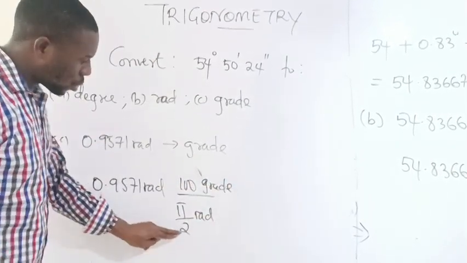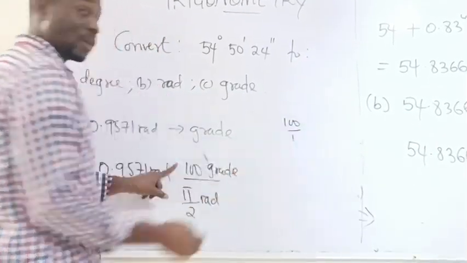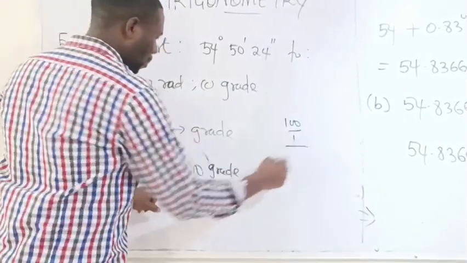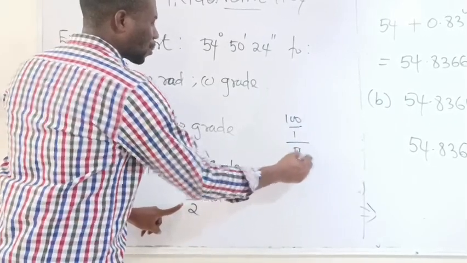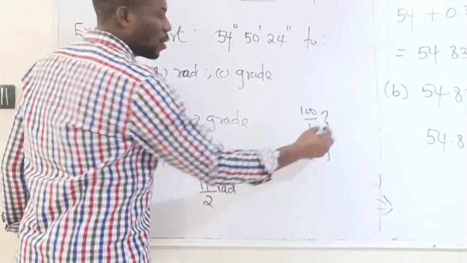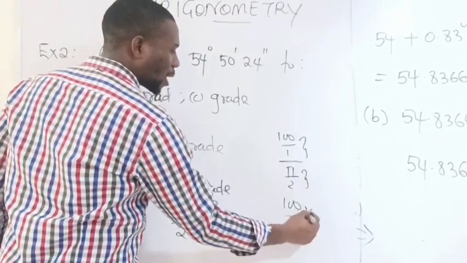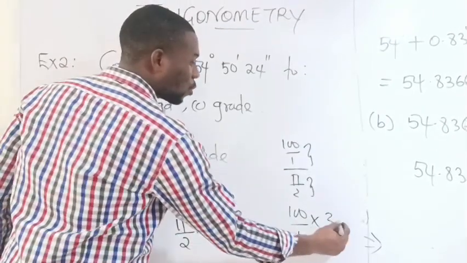Right, so this 2 down will come up here. How? I have 100 over 1, which is as good as saying 100. I have a division sign here, and I have pi over 2 down. You can't divide this pair of ratio with another, but you can multiply. So the division sign changes to times, then I can flip the second ratio, so I have 2 over pi.